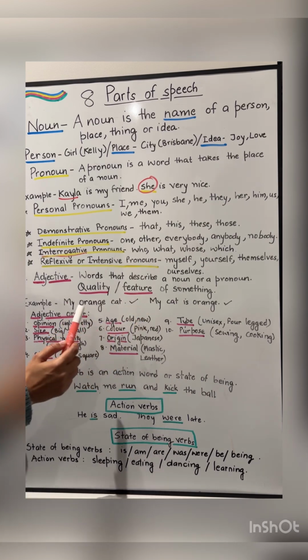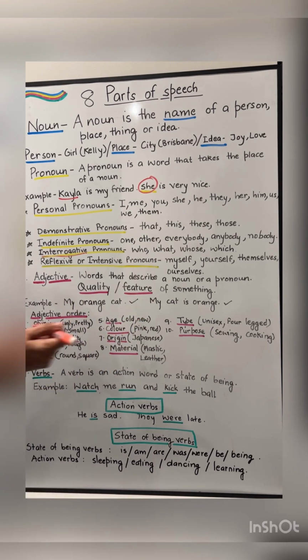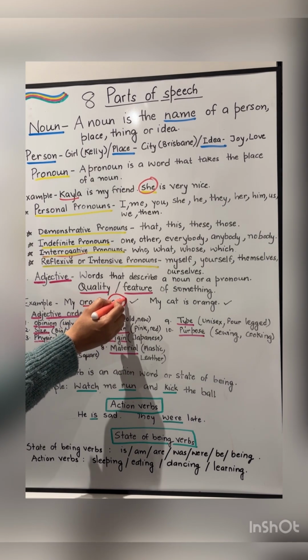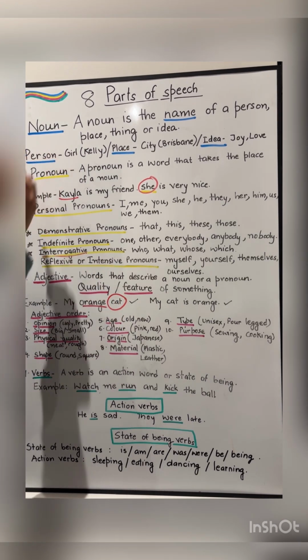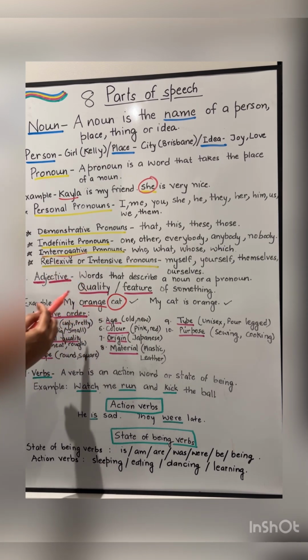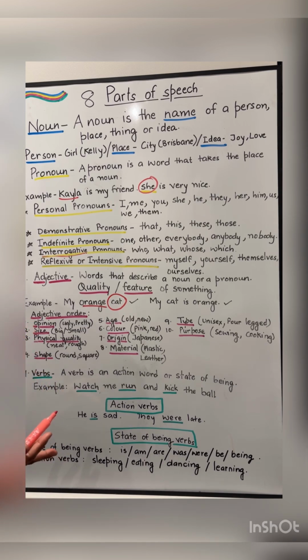The order is correct, but the word orange here is talking about the noun cat. Cat is your noun, and your adjective, the word orange, is telling you what color is the cat. Well, a cat cannot be orange, by the way, or maybe it's brown.